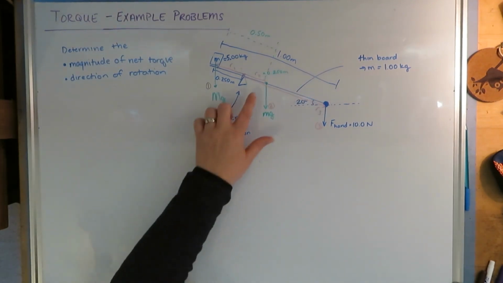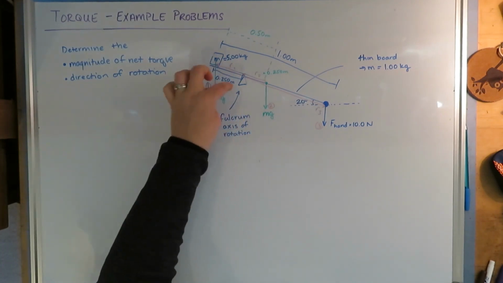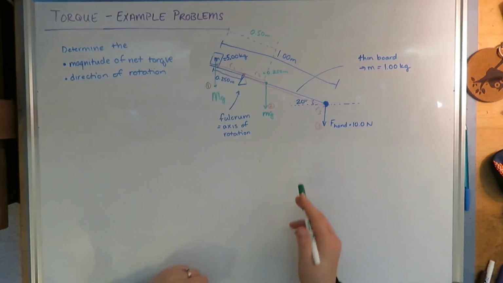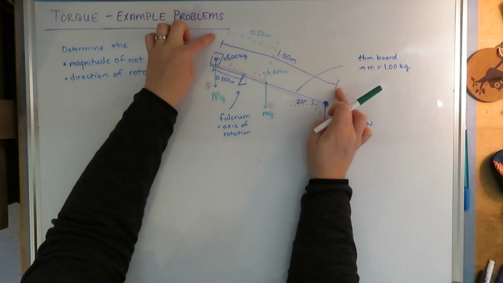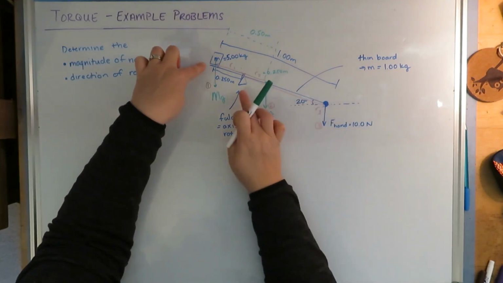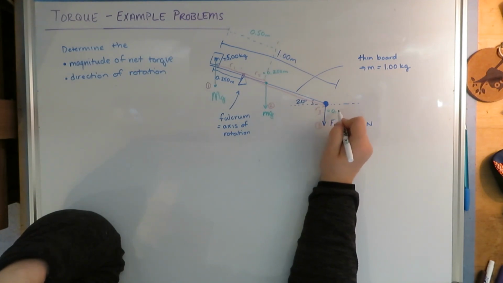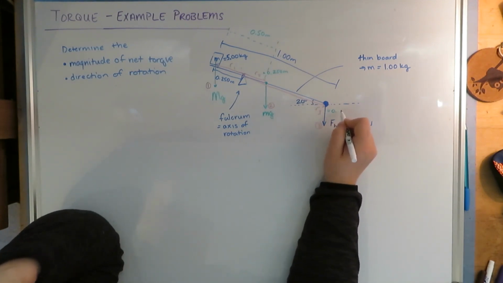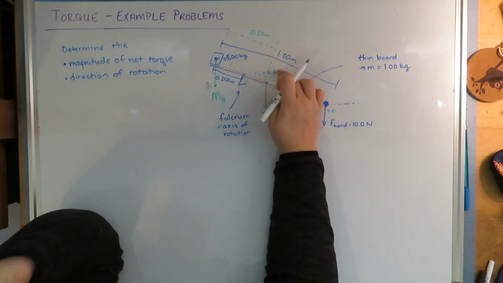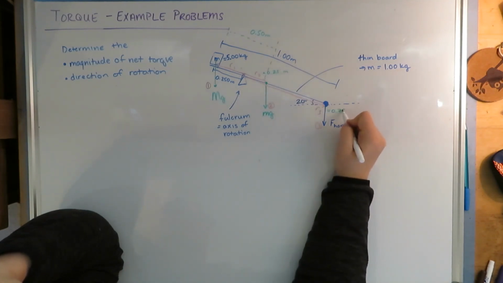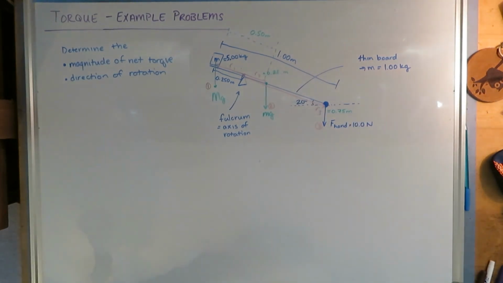I didn't draw this very well to scale, but those are actually the same lever arm values. And if I look at R3, it's going to be the total length of the board, which is 1 meter, minus that 0.25. So R3 is going to be 0.75 meters. So now we have all of those lever arms.